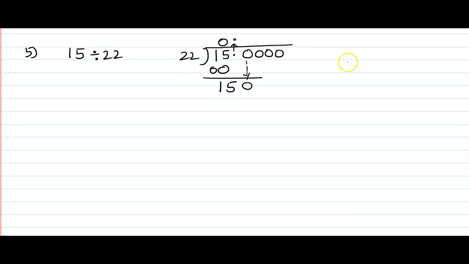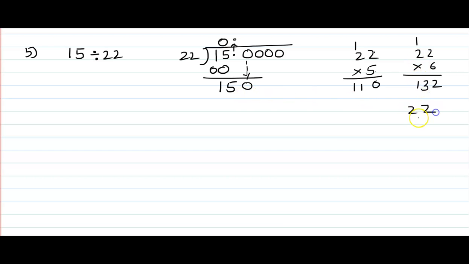Now how many 22 goes in 150? Let's try 5 times. 5 times 2 is 10, carry 1. 5 times 2 is 10 and 1 is 11. So 110 is less. Let's try for 6. 6 times 2 is 12, carry 1. 6 times 2 is 12 and 1 is 13. 132, it's very close.